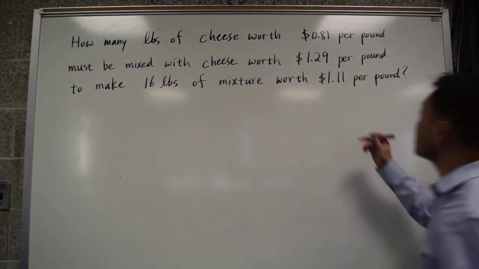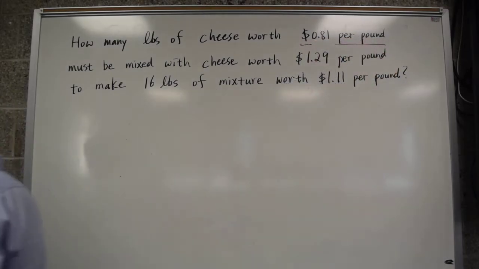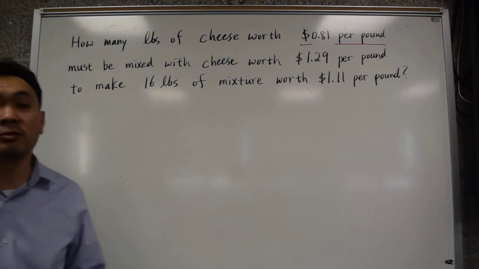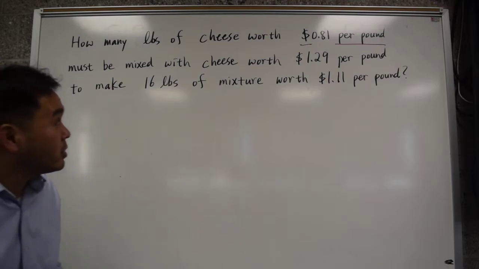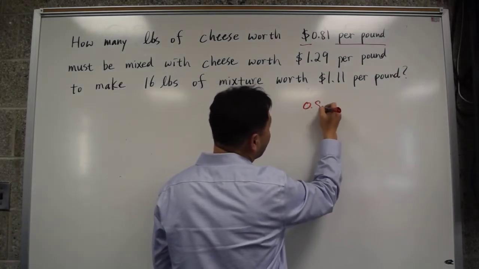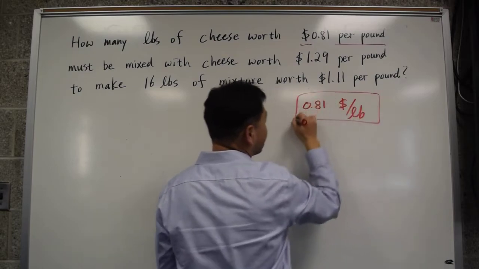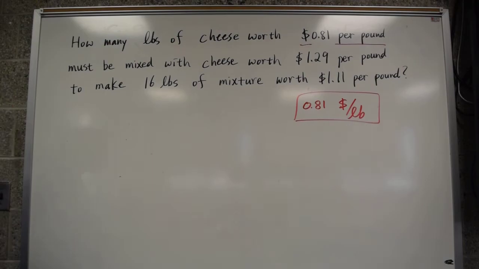So look at this, dollar per pound. What does per mean? Per is divide, okay? So that really means the following. It's 0.81 dollars per pound. That's how you should interpret it.